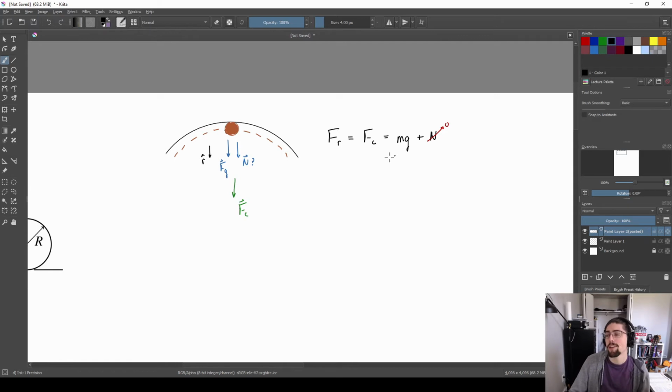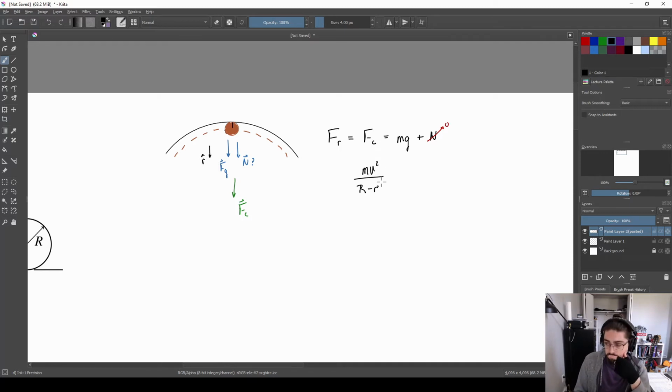But anyways, so we go ahead and plug that in, right? The actual radius of the circle that we're going around in is not capital R, but it's capital R minus the radius of the ball itself. So let's go ahead and write that in. V squared over R minus r. Okay, so now we've got that.